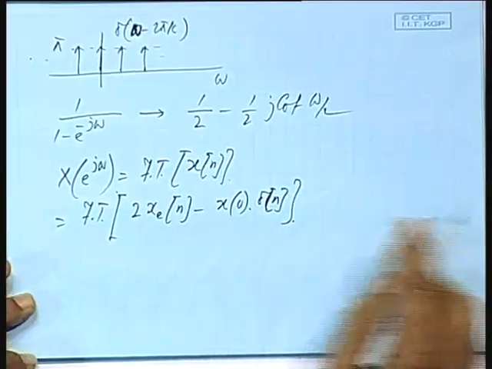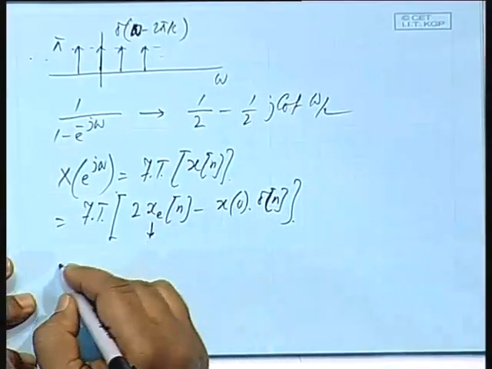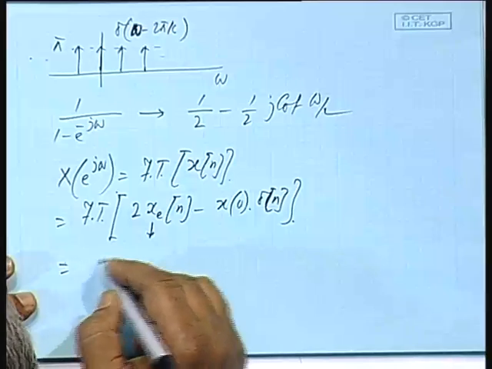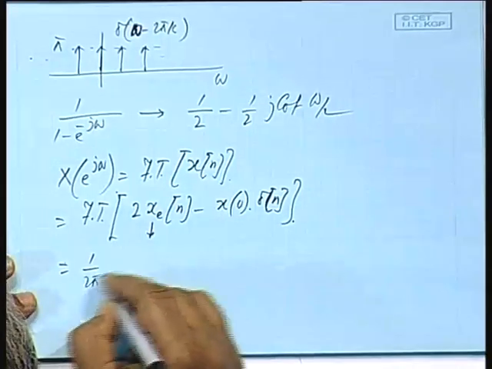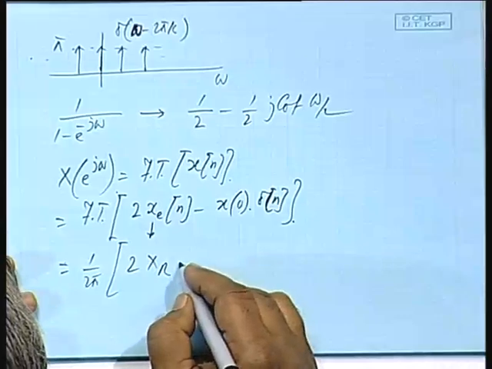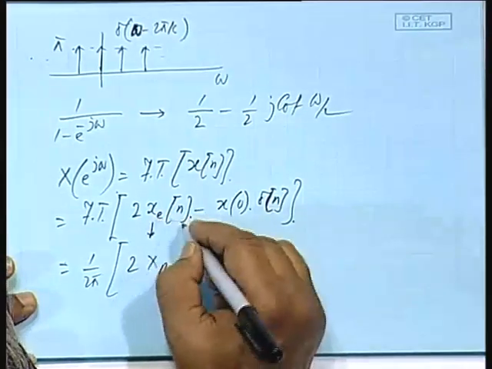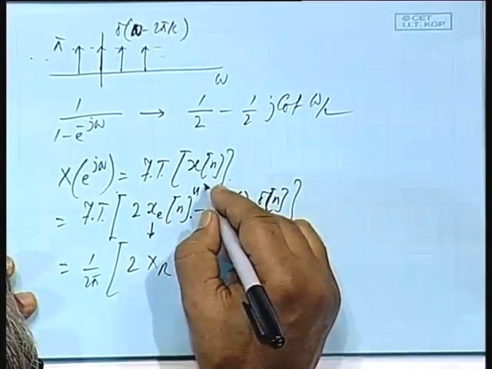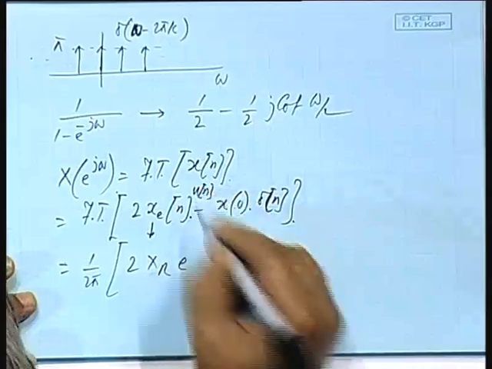So, if I do that, the Fourier transform of this will be 2 times X_R, now 2 times x_e[n] into u[n], this is to be multiplied by u[n].